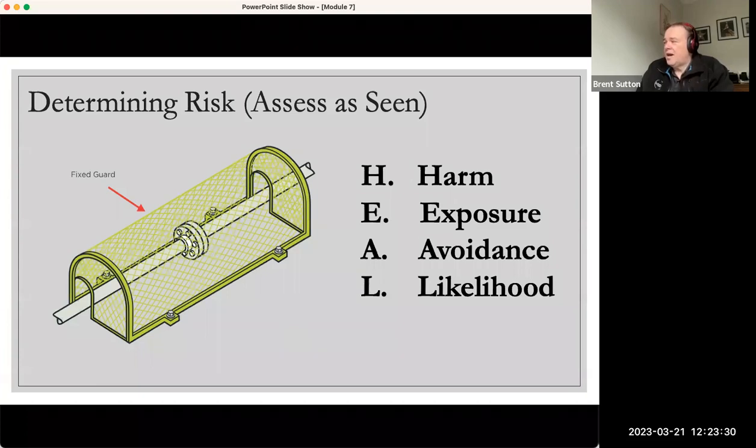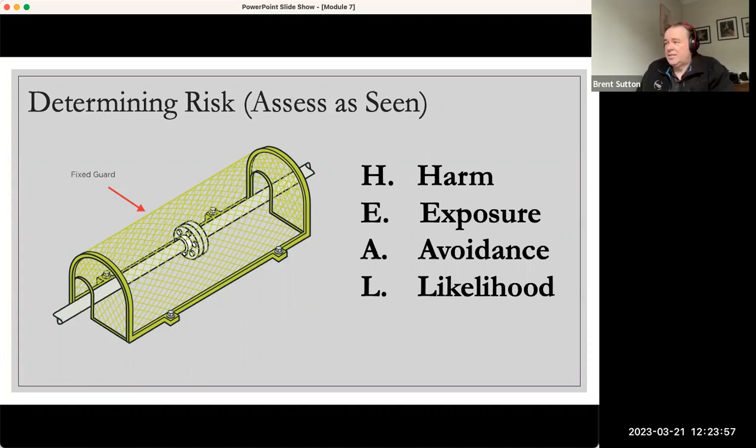So if I was to think about harm, exposure, avoidance, and likelihood, then depending on the speed of that shaft, the harm is going to be either breaking an arm or removing part of the arm. So it's relatively well known.